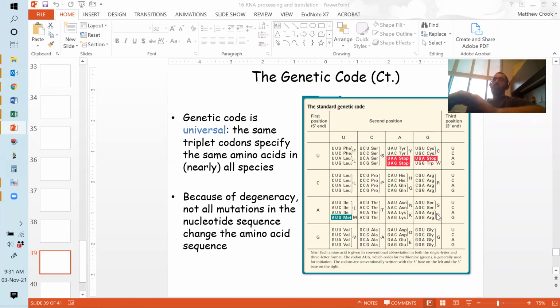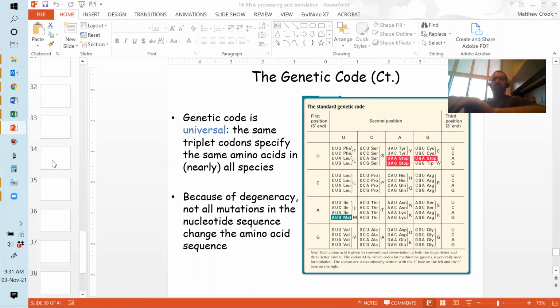That is called a silent mutation, because there is a sequence difference between that and the same gene in the same species, but there's no functional difference in terms of protein. Now, if you change CCC to UCC, now you have serine, and that is different.